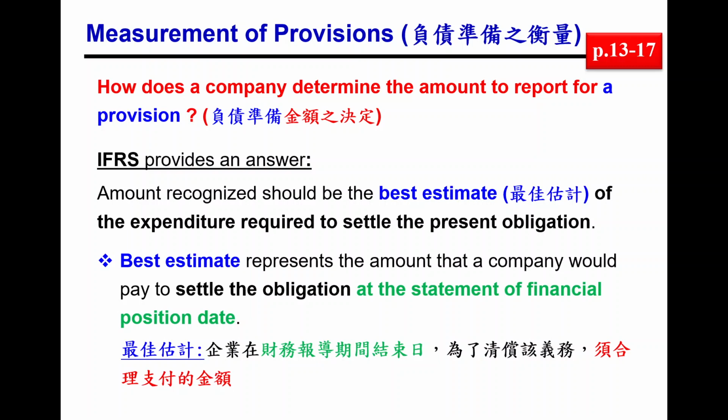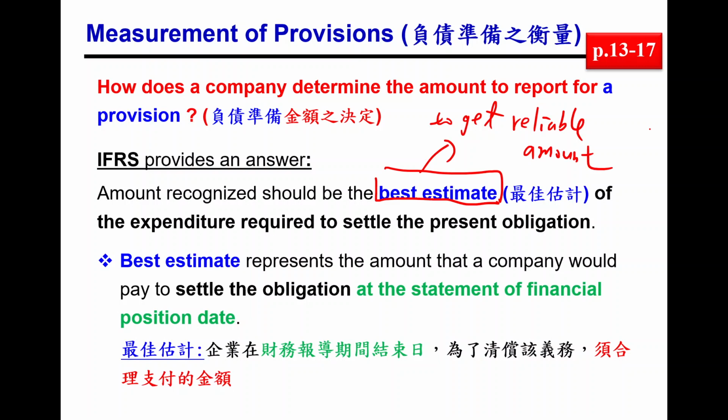Okay, so the best estimate to get your reliable amount. So we have three ways. Maybe you can get your best estimate.